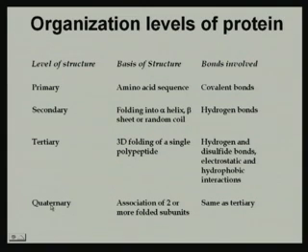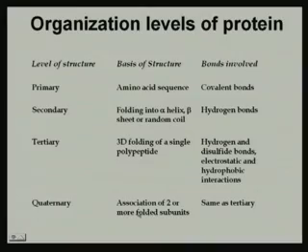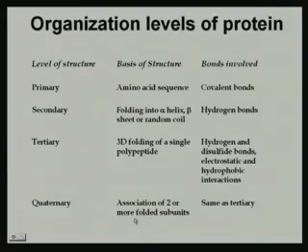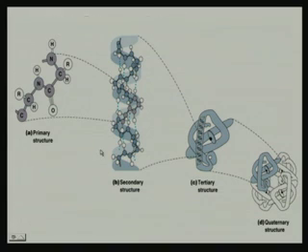And when we are talking about the quaternary structure, it is considered to be more complex. Here there is an association of different peptide subunits and they are folded within it, and it has more complexity, and the bonding pattern is the same as that of the tertiary structure.